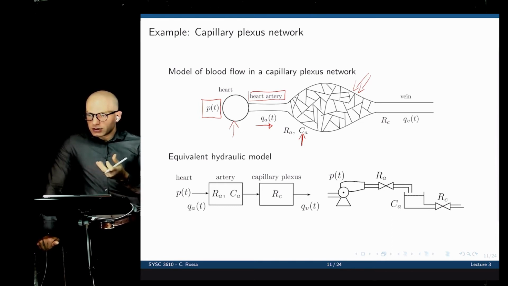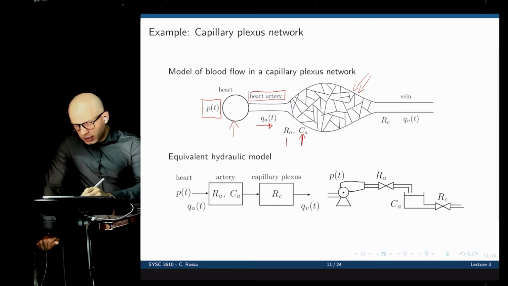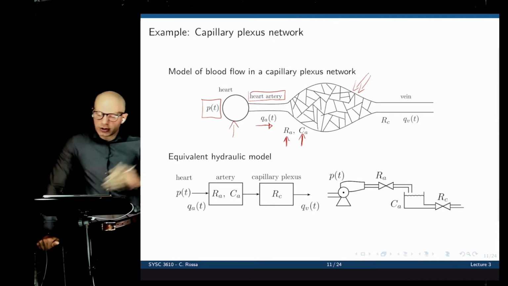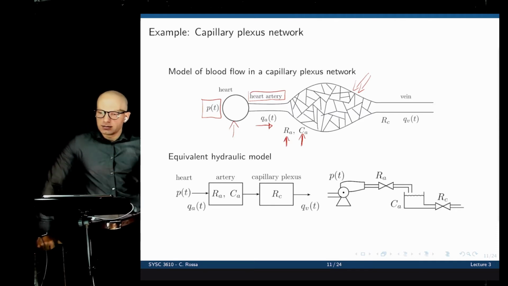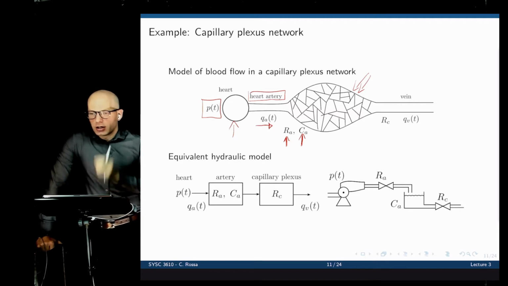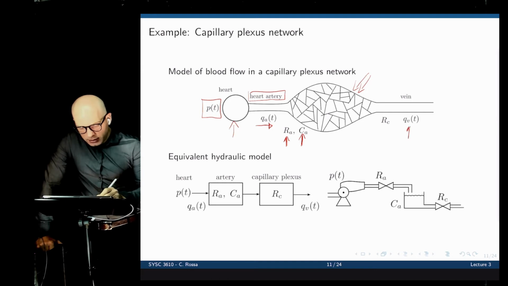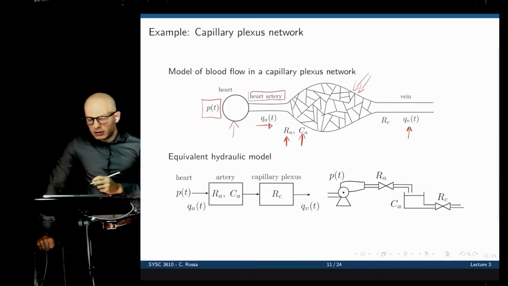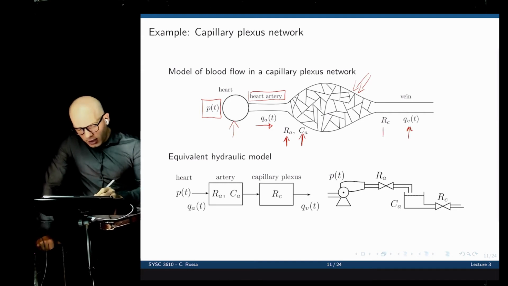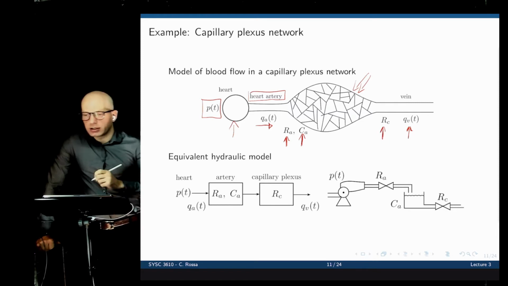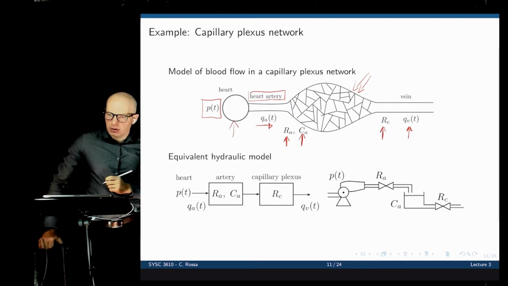Because it's a physical system, we also have some resistance R. And once you overcome all that, then the system finally gets into a vein. And then we have a different flow rate. I call that QV for vein, QA for artery. And we have also the resistance of the vein, RC. Right.